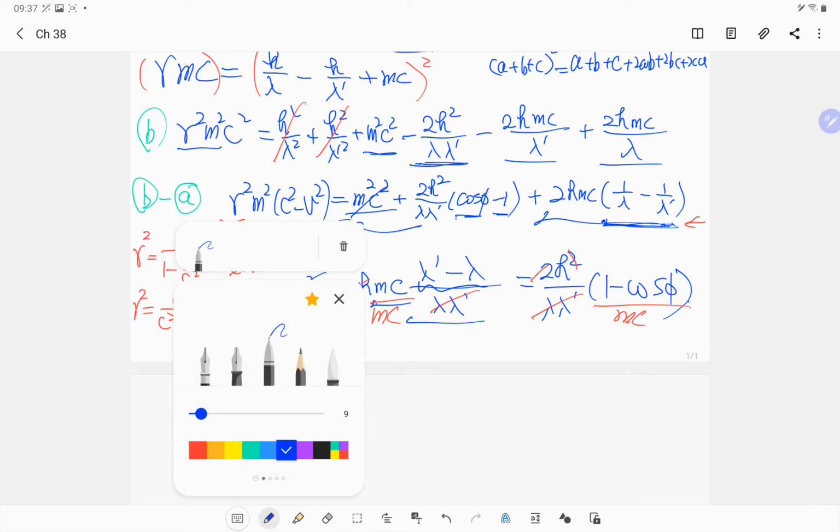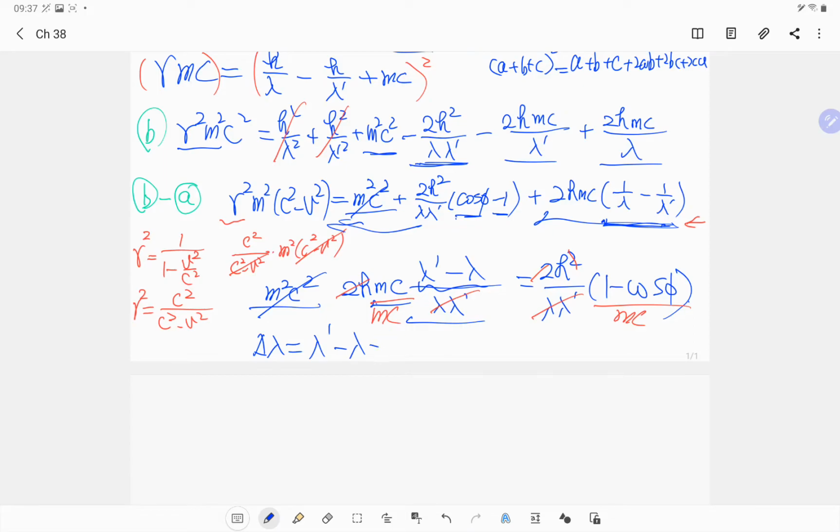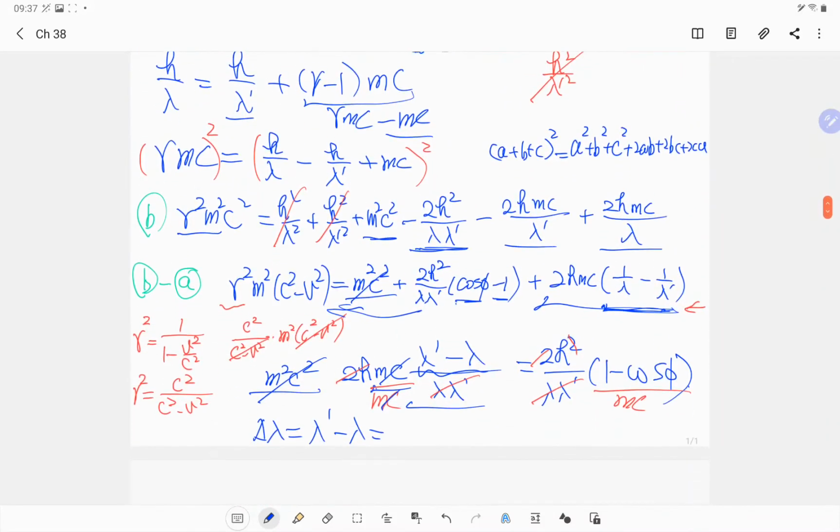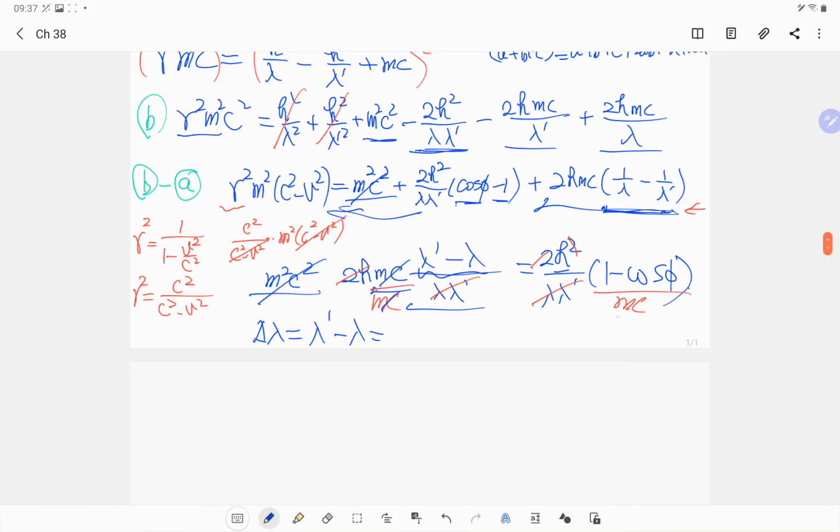So mc and mc cancel. So finally here should be h over mc, we have h over mc, and then multiply by 1 minus cosine phi. So this is the final equation we wanted to prove.